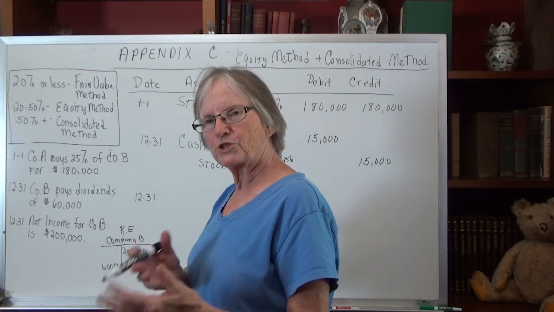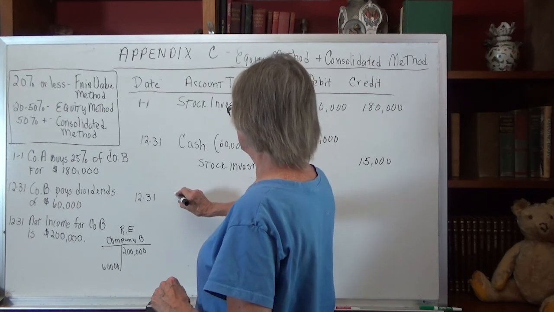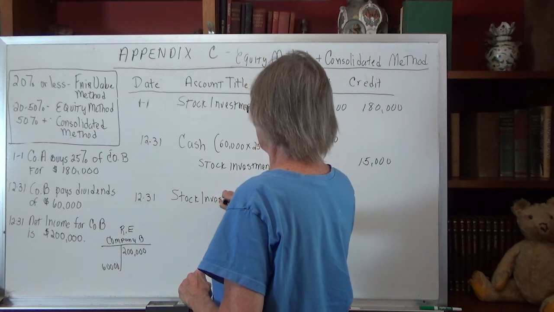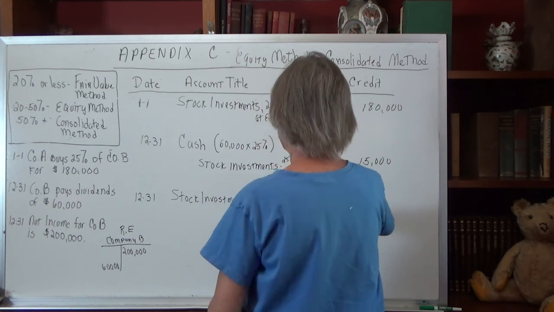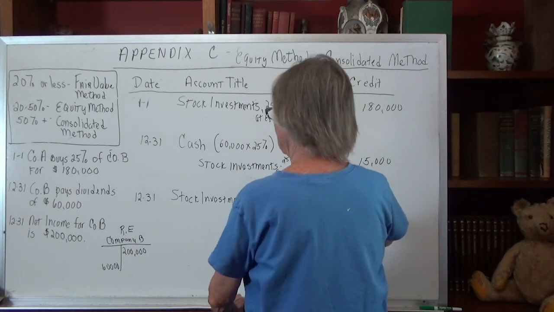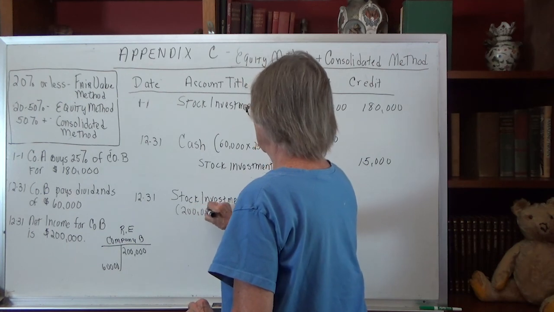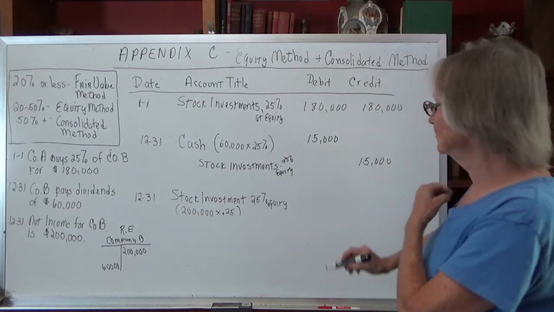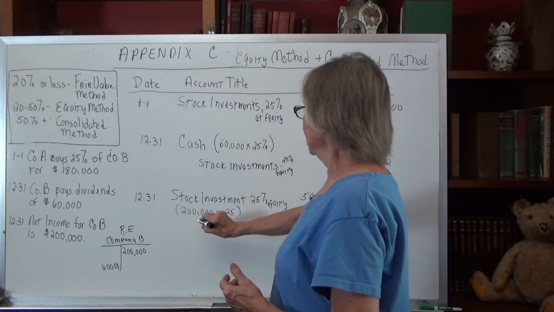And since we have significant influence over the results of this, what we're going to do is increase our stock investment account in that company, stock investment 25% at equity, and we would go 200,000 times our percentage, which is 25%, and so we would increase our stock investment by 50,000.